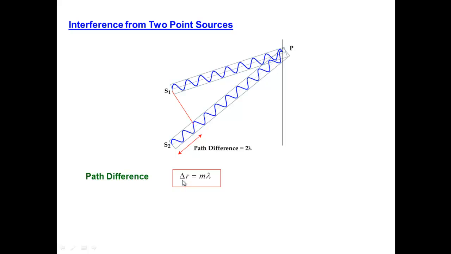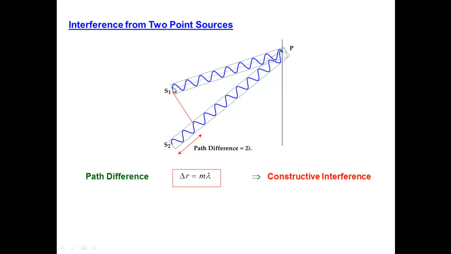The symbol that our textbook uses for this difference in path is delta R. Delta meaning change, R meaning the distance it has to travel. So if delta R is an integer multiple of the wavelength, then sure enough we get constructive interference. The other possibility, which is not shown here but is easy enough to imagine, is what if that path difference instead was 3/2 of a wavelength, or 5/2 of a wavelength?